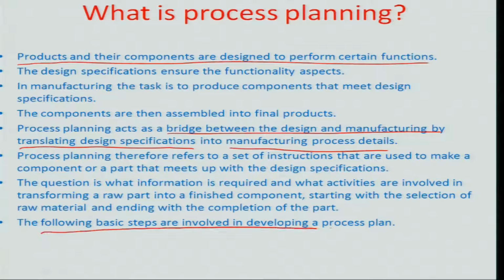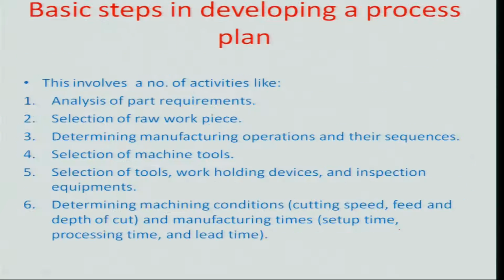The following basic steps are needed in developing a process plan. So let us look more closely at it. You have a number of activities which need to be utilized, and here there is also an optimization, because there are various choices which come up and you will have to really choose the correct path or the correct sequence. So the first step is the analysis of the part requirements.